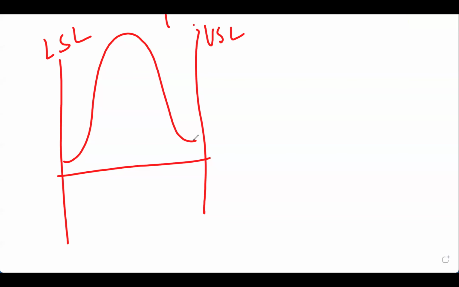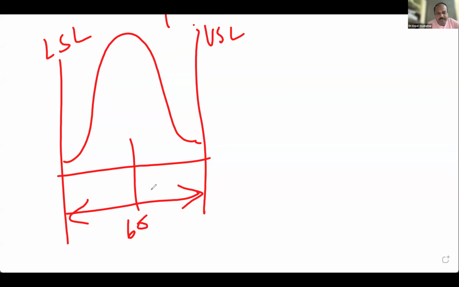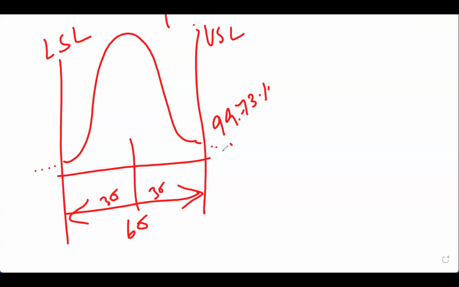The process is consuming all the tolerance, isn't it? So this is the target. Though the spread is 6 sigma, you have 3 sigma on the right side, 3 sigma on the left side. Here, the success rate is 99.73%. A small percentage of the process can go beyond the spec. All the units here will get rejected.